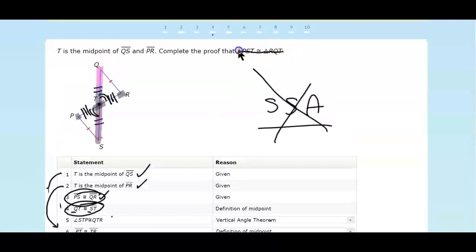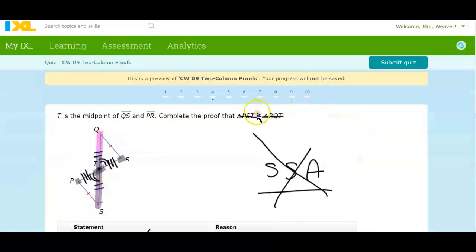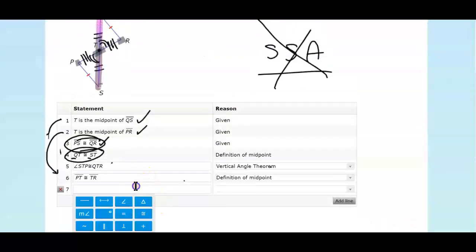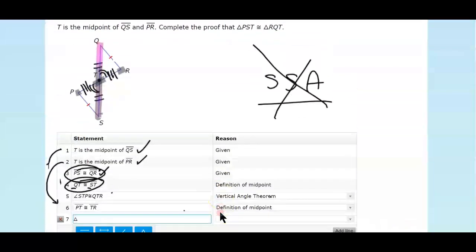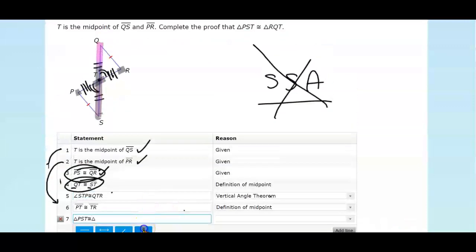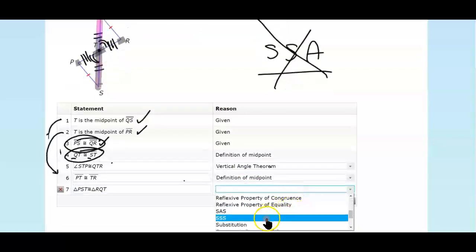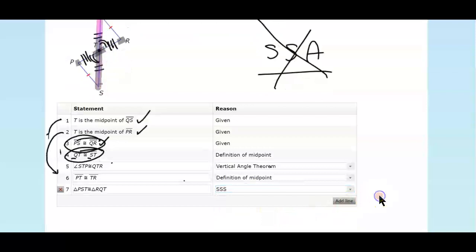Can we copy paste that? No, it doesn't let you. I figured it out. Okay, triangle PST is congruent to triangle RQT because side, side, side.